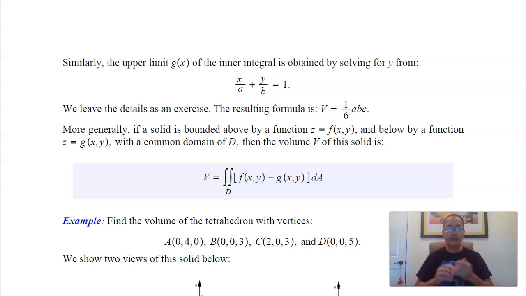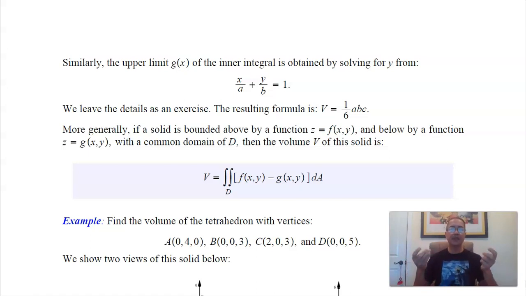Okay, so hopefully this will remind you of something that you did in basic calculus. And in fact we saw it when we talked about type 1 and type 2 regions. In a type 1 region, you have x going from A to B, and then y bounded below by some g1 of x and above by some g2 of x. Okay, so it's the same thing for solids if you want to find the volume.